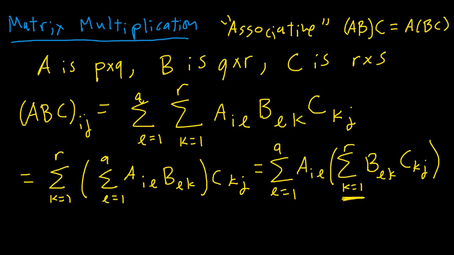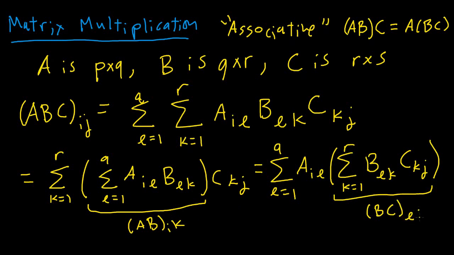Now I'm summing over the dummy index K, and K only appears inside the parentheses. While this was the ikth component of AB, this is the ljth component of BC. So just from rearranging the summations, we have proved associativity.